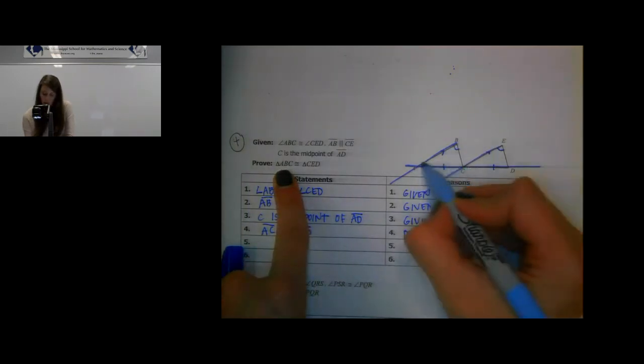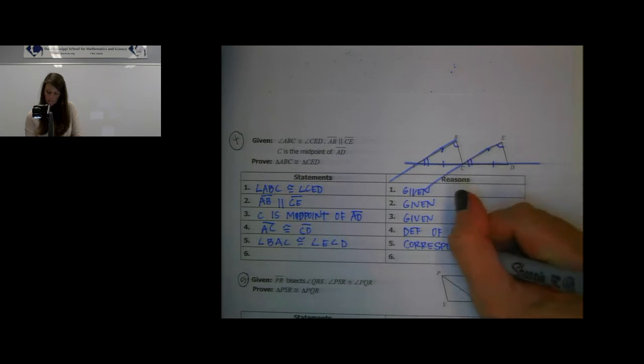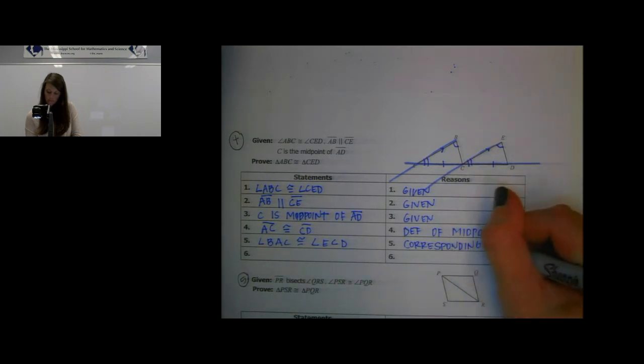What are those two angles right there? So this angle here is going to be congruent to that angle C because those are corresponding angles. Remember, they are the same. So angle BAC is going to be equivalent to angle ECD by corresponding angles.